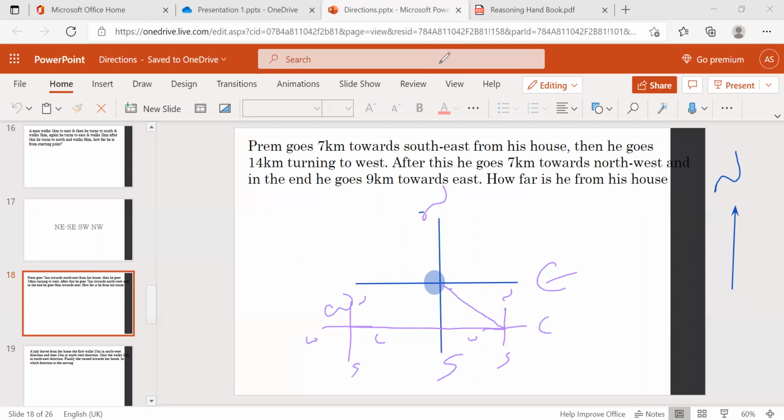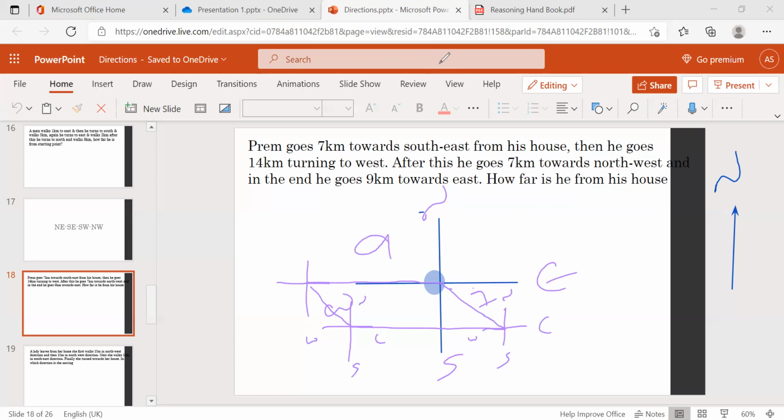Northwest means this, 7 kilometers, again 7 kilometers northwest. And from here, 9 kilometers towards east. Where is the east? This one, 9 kilometers. That means in the last, he turned towards his house only.